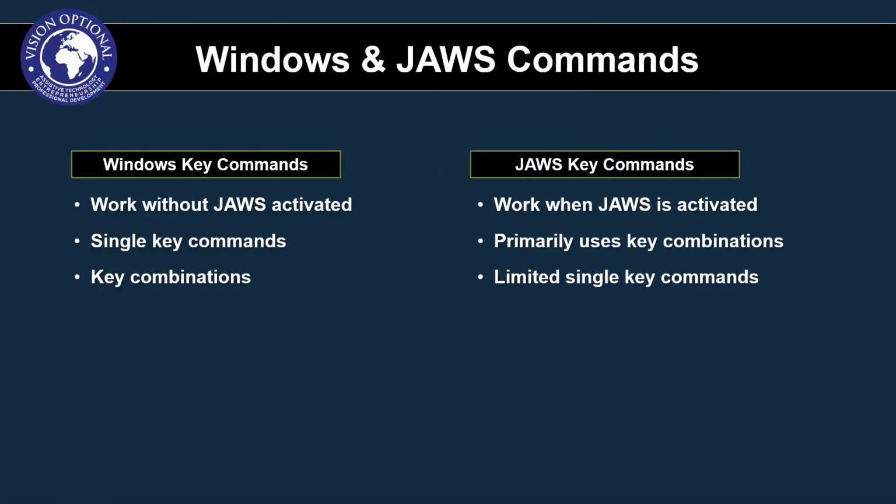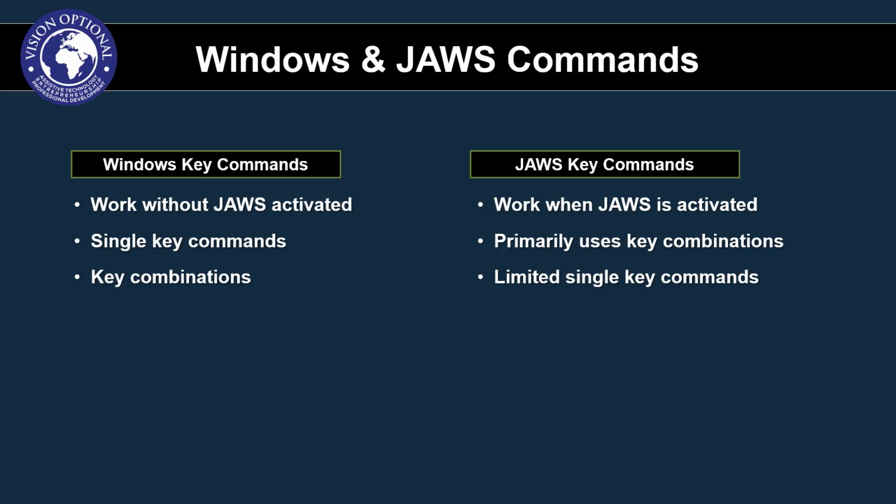Windows and JAWS commands. So what are the differences between Windows key commands and JAWS key commands? Windows key commands can be used whether or not the JAWS screen reader is active, but JAWS key commands only work when JAWS is active because they are JAWS specific. Windows key commands can be single key commands or key combinations.